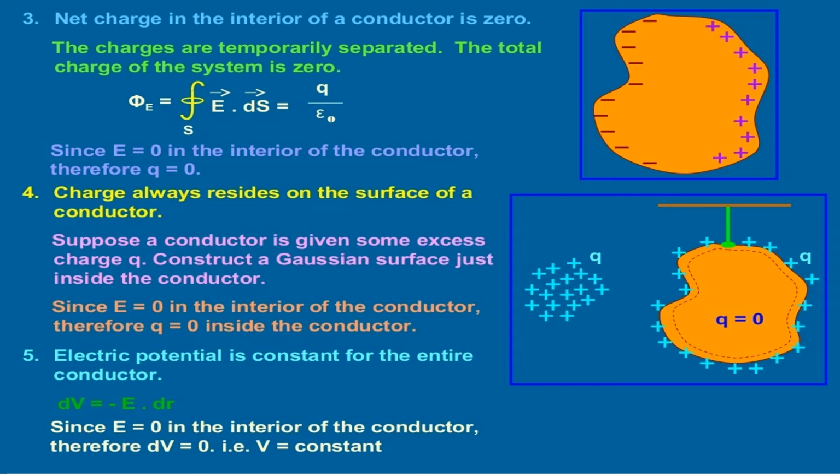Therefore, the electric potential at every point on the surface of the conductor is always constant. Also, dV is equal to minus E dot dr. Since E is equal to 0 in the interior of the conductor, dV is equal to 0, that is, V is equal to constant. Hence, the electric potential inside and on the surface of a conductor is always constant.